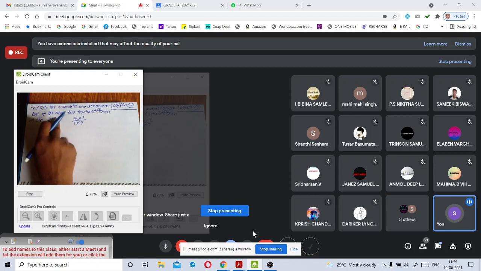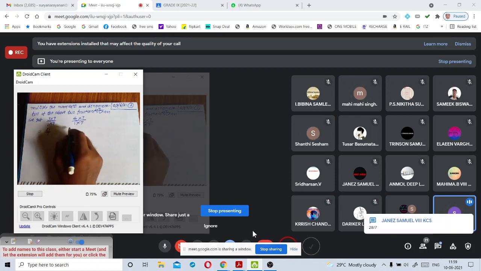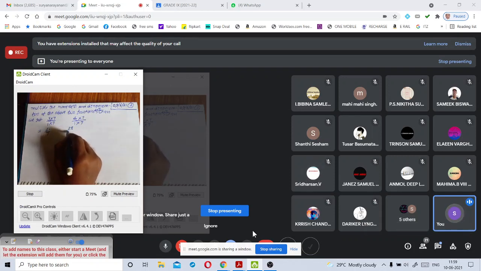This is equal to what? What will you get for the first fraction? 21 by 7. And what is the second fraction? Very good, Janesh. 28 by 7. You are very sharp, my dear Janesh.